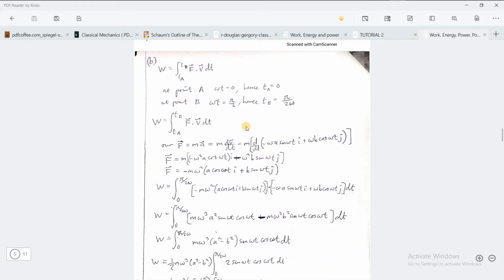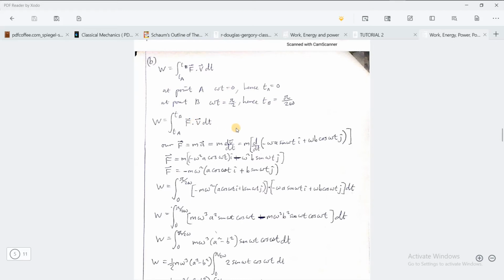When you look at our question, we don't have the force, but this V we've calculated from the previous question, part A. We know the velocity. The only thing we don't know now is force.